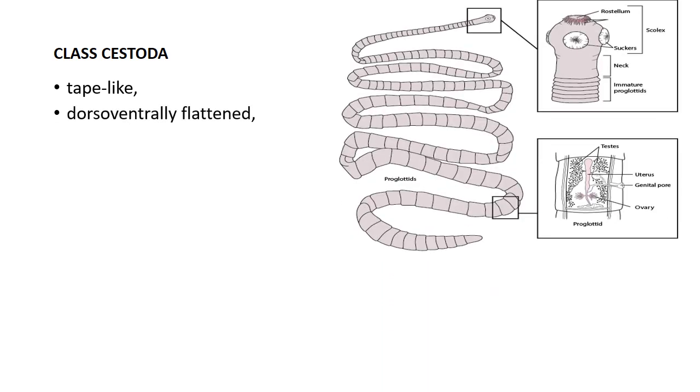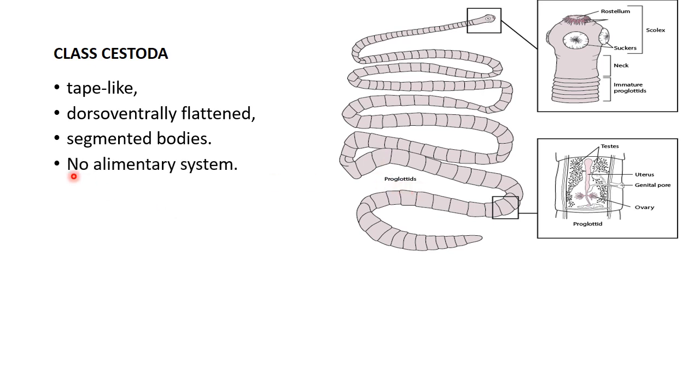Starting with the class Cestoda, these guys have a tape-like structure with a dorsoventrally flattened body. As you can see from my diagram, this guy literally looks like a tape measure, all right? And when you look at their bodies, they are segmented. So these segments, as you can see all over their bodies, are known as proglottids. We are going to talk about that later on.